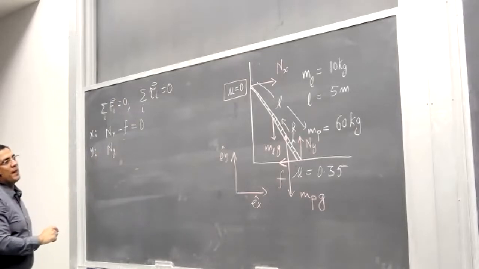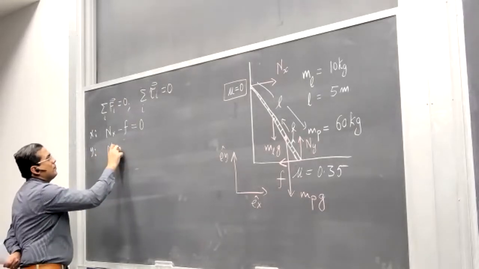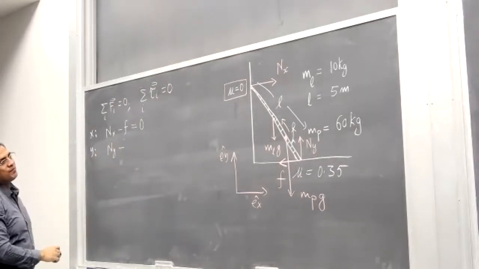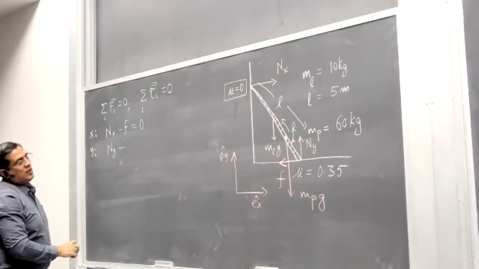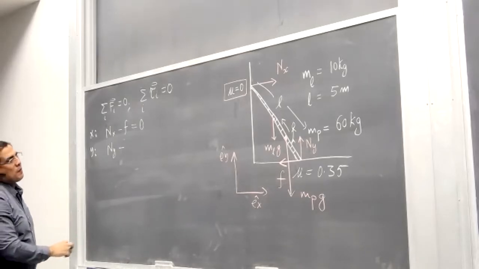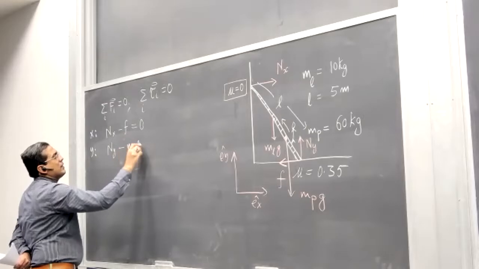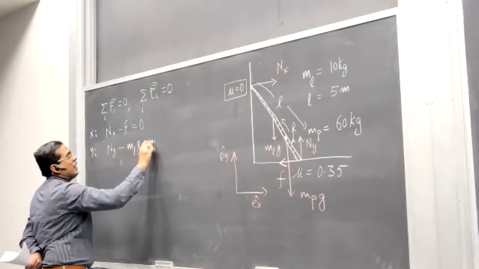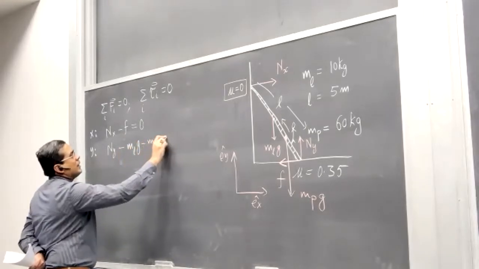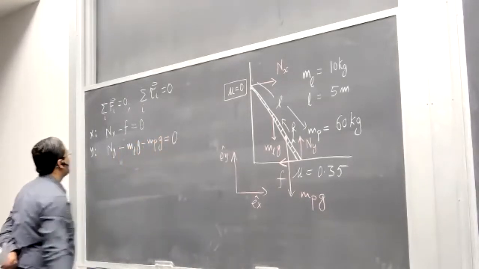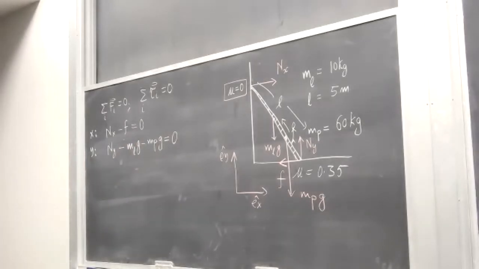Ny minus mlg minus mpg equals 0. So we got two equations from the forces.